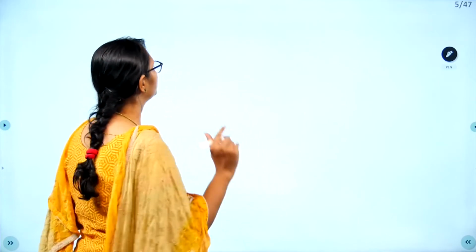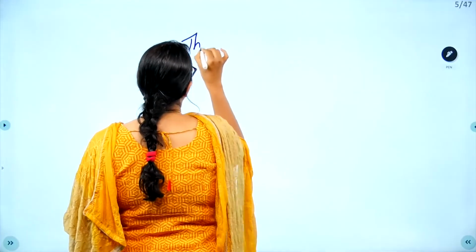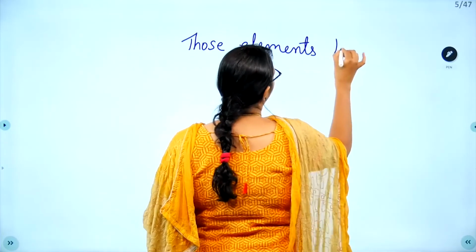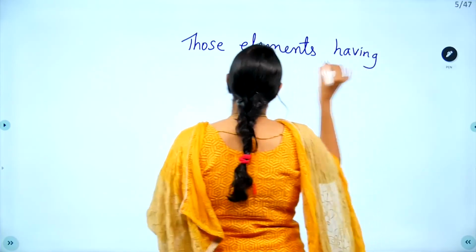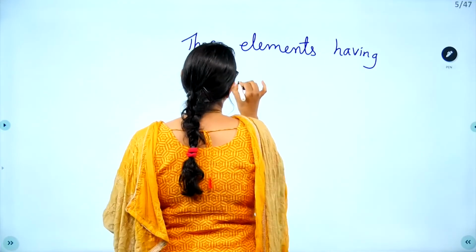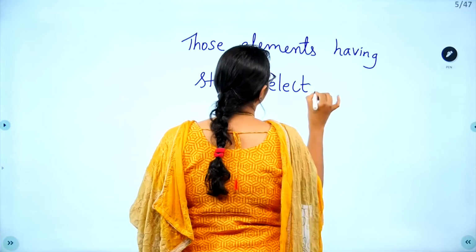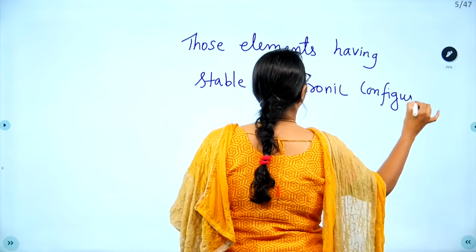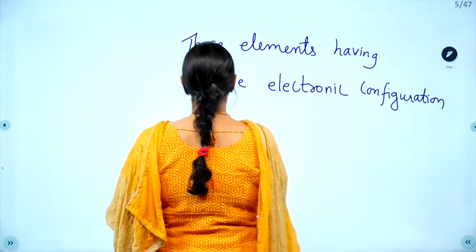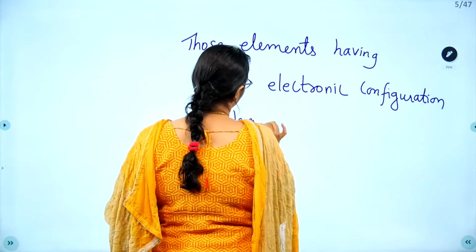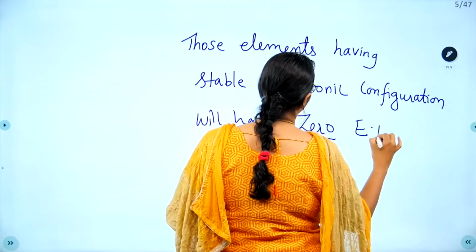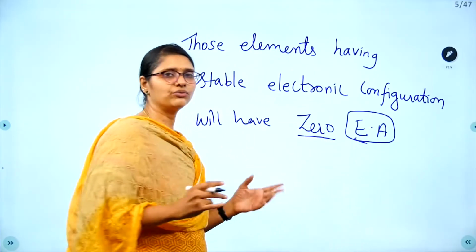Therefore those elements having a stable electronic configuration will have 0 electron gain enthalpy value, that is electron affinity.